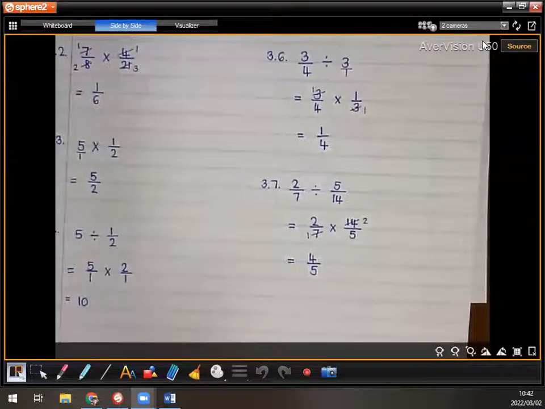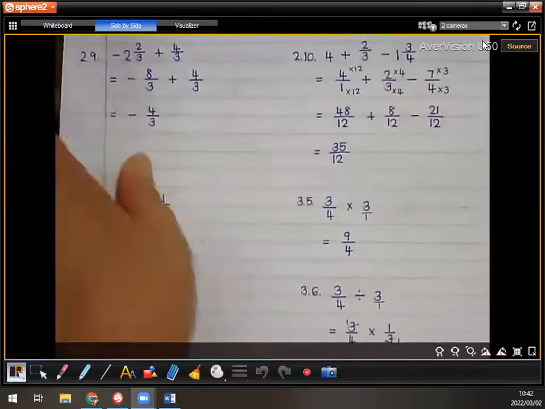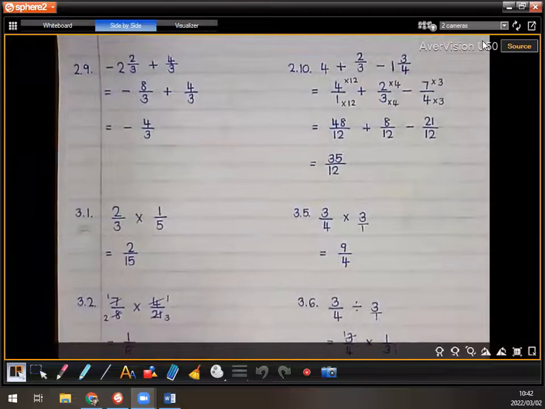I don't want to say again, mixed numbers aren't wrong, it's just unnecessary. I have seen that multiple times before. Okay, any other questions on 2.7 or 2.8?